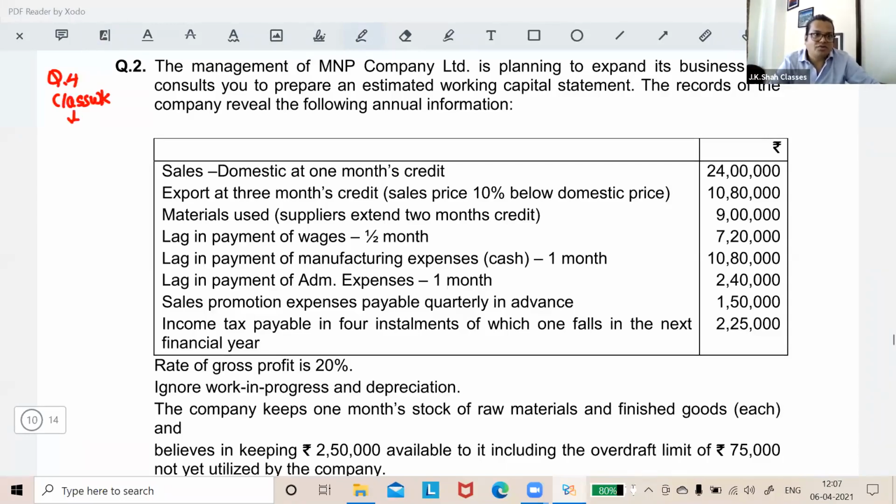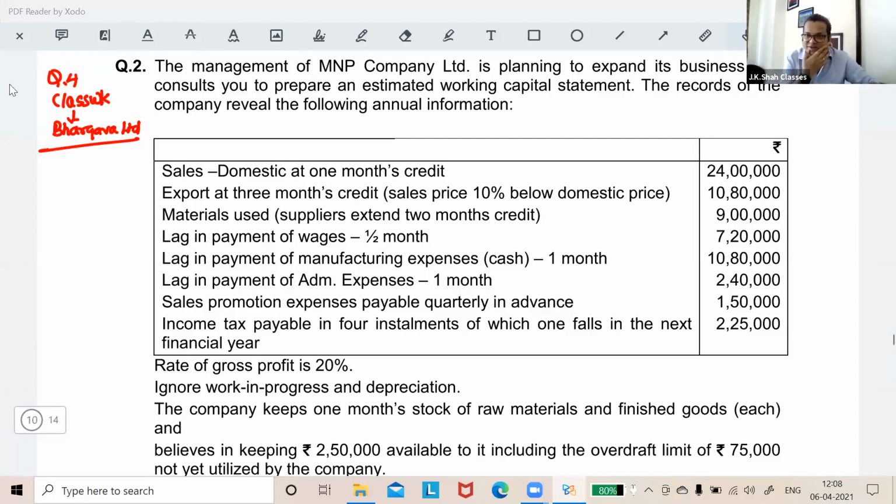See, the management of MNP company is planning to expand its business and consults you to prepare an estimated working capital statement. So they are relying on you for working capital estimation.